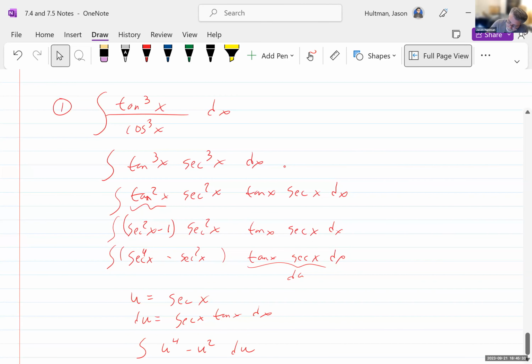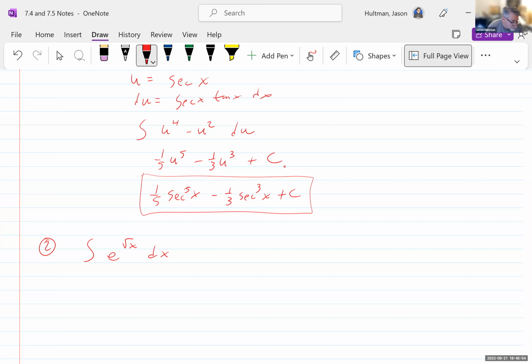The integral of e to the radical x dx. That's interesting. E to the radical x dx. Okay, so we're gonna do a u sub on this. U is equal to radical x.